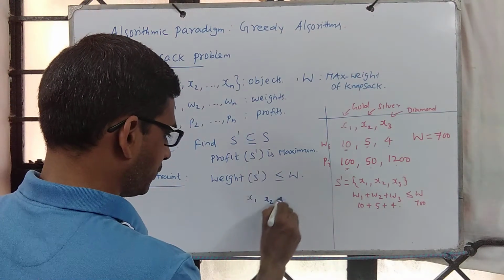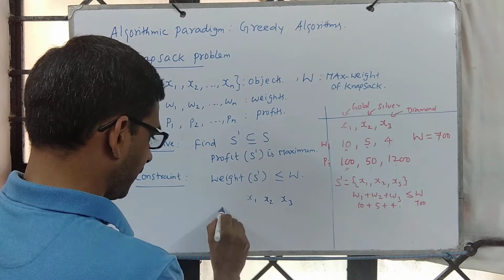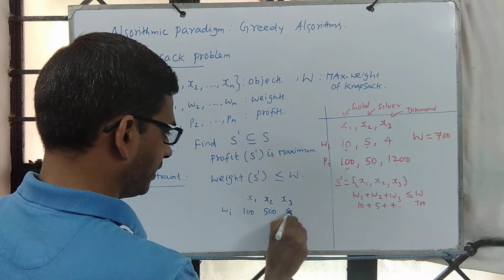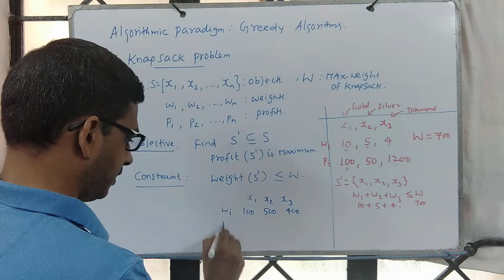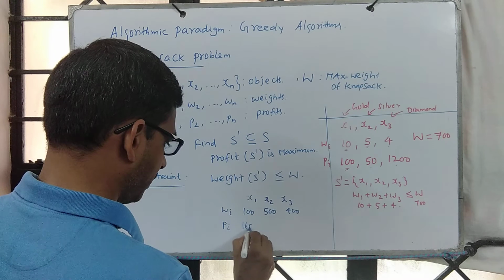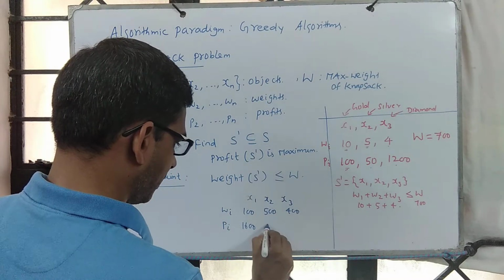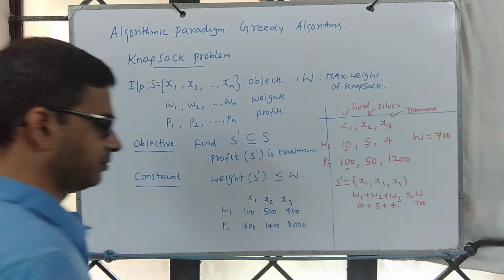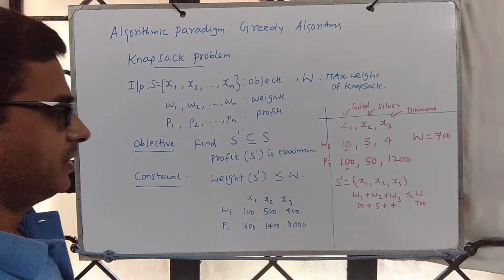So x1, x2, x3 and Wi is say 100, 500, 400 and profit is say 1600 and 1400 and say 8000. Say something like this.